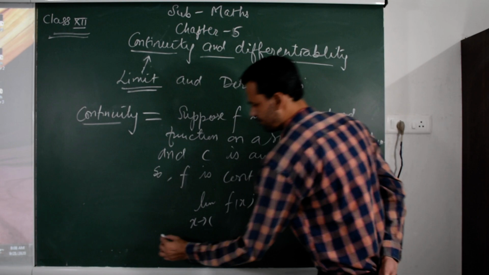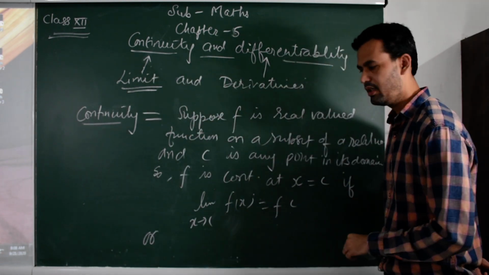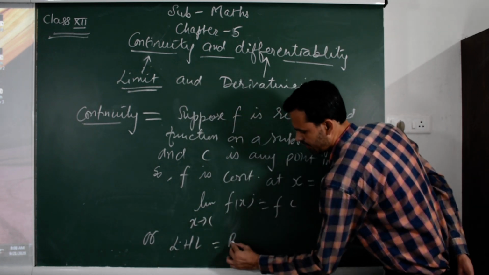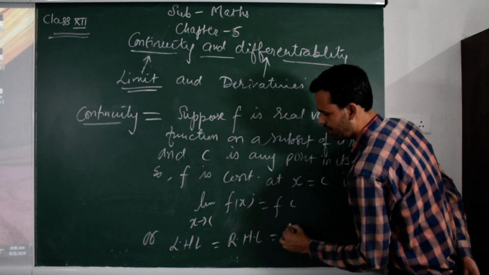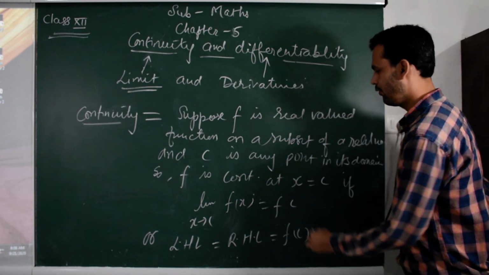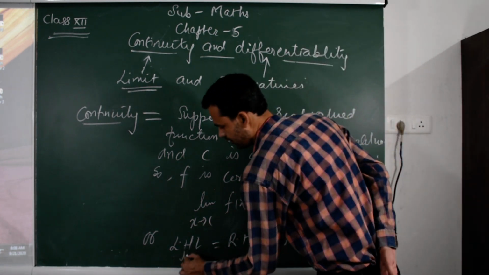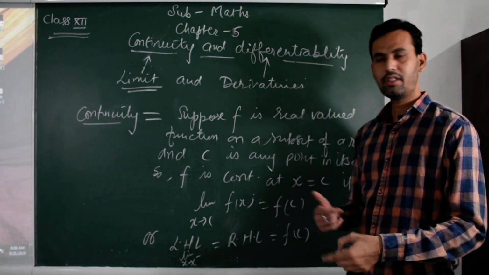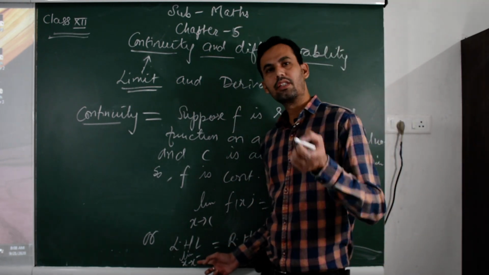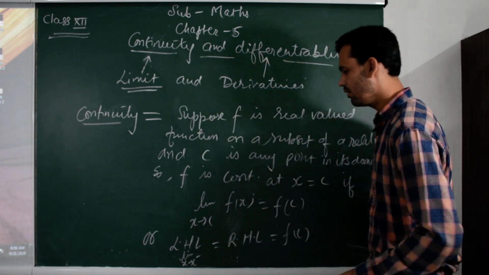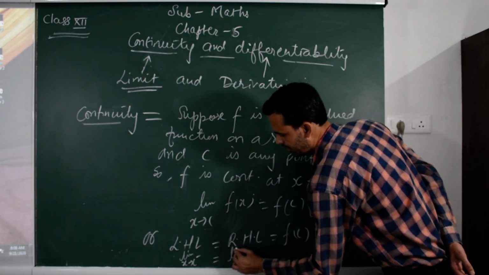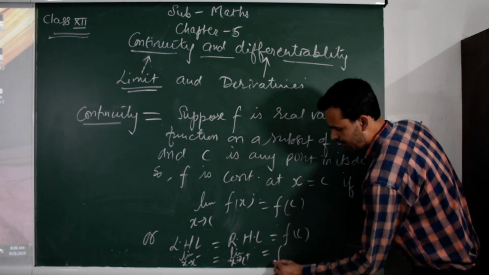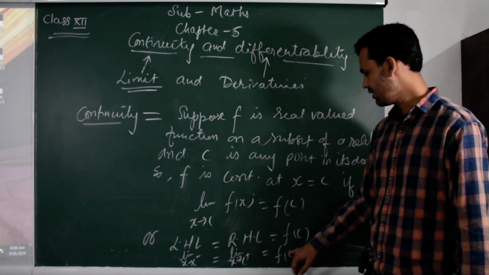Or in 11th class we solve LHL, left hand limit, equals RHL, right hand limit, equals the value of the function. We write it as limit x tends to c minus, the left hand limit, and limit x tends to c plus, the RHL, and the function's value at x equals c.